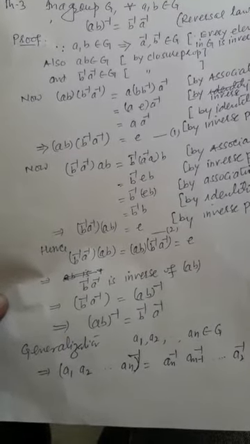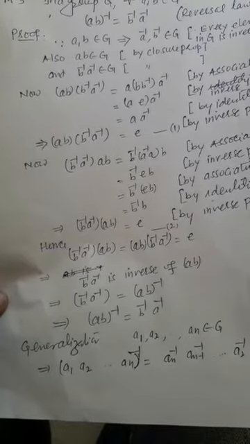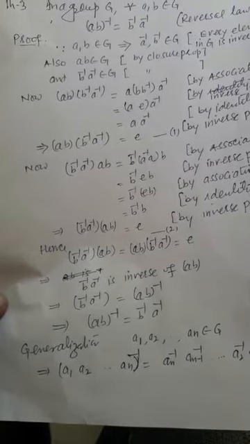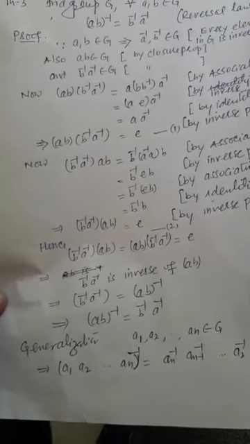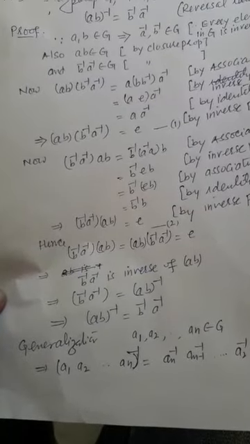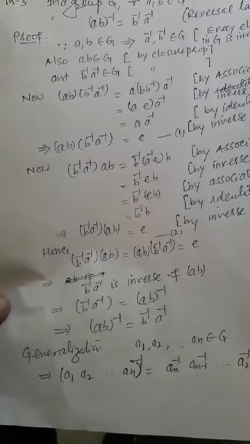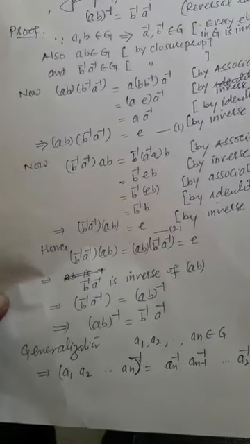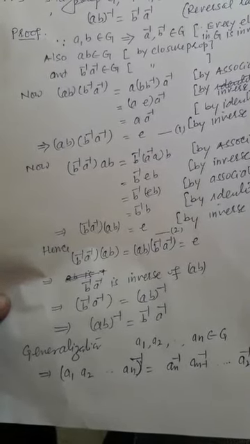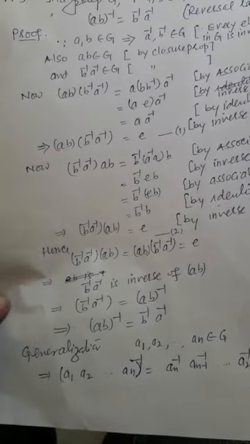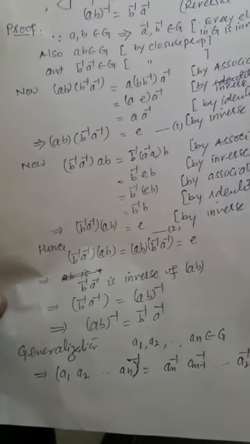Similarly, b inverse a inverse times ab, using the same concept, we again get identity. So we have b inverse a inverse into ab equal to ab into b inverse a inverse equal to identity.